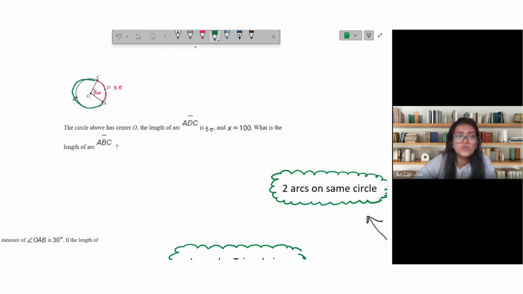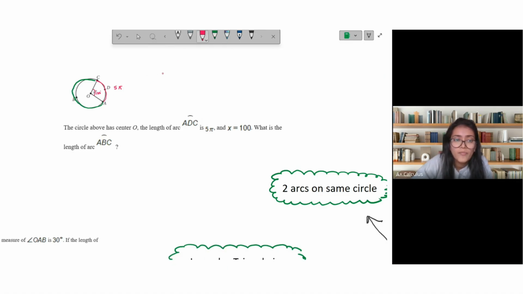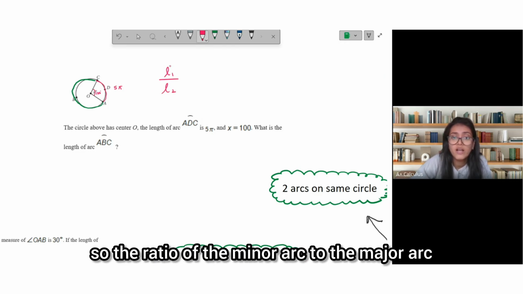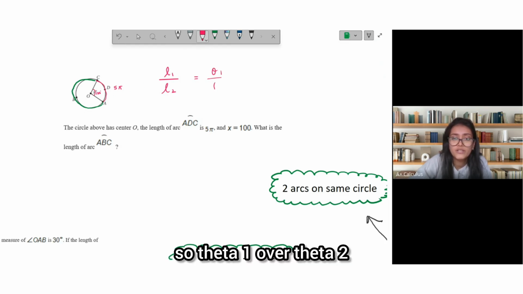So you need to know, this is actually very intuitive, that the ratio of the length of one arc to the length of the other arc, the ratio of the minor arc to the major arc, will be the same as the ratio of their central angles, theta 1 over theta 2.